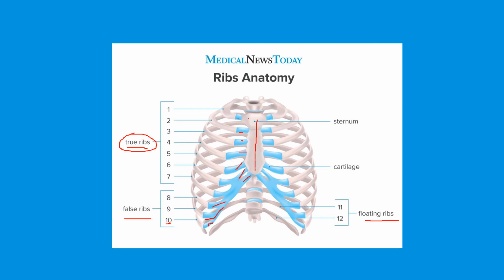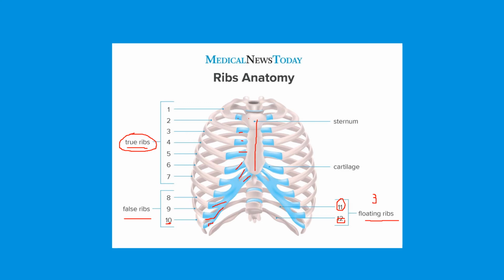The third type is the floating ribs. These floating ribs range from pair 11 to pair 12, meaning 4 are floating ribs, 2 on the left side and 2 on the right side. And these are called floating ribs because they are not attached to the sternum, directly or indirectly.